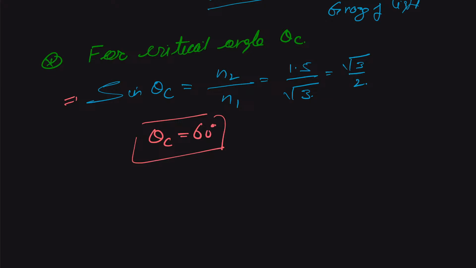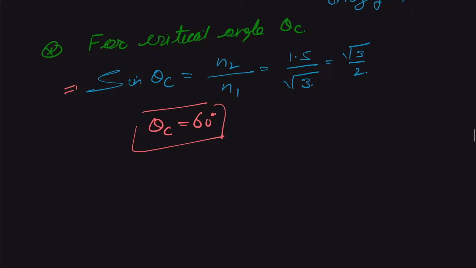So it means for total internal reflection occurring at the slab prism interface, the angle of incidence at the interface must be at least 60 degrees. This is the slab prism interface.